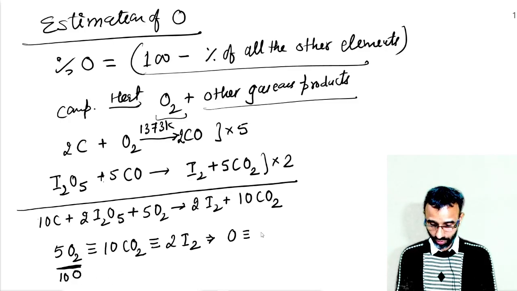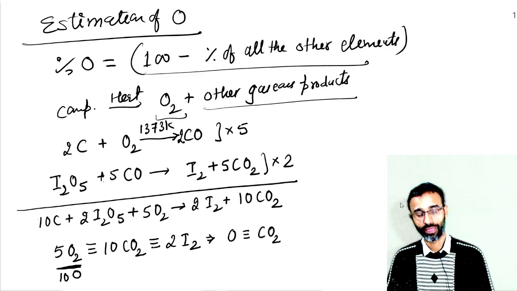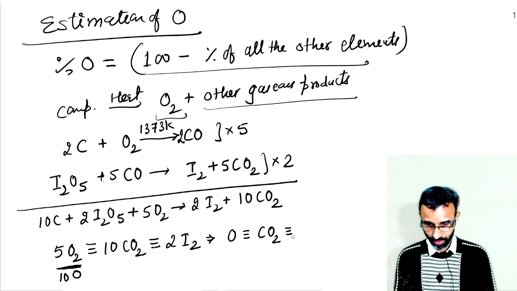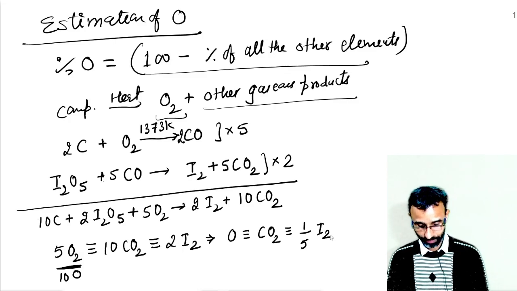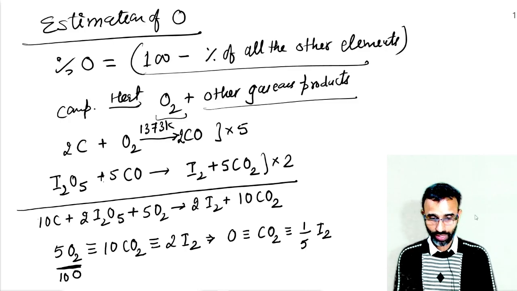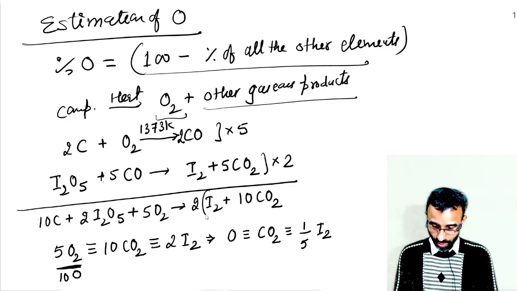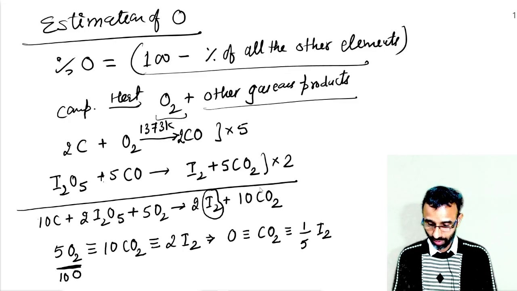So one oxygen is equivalent to 1 CO2 and is equivalent to 1 by 5 I2. 2 by 10 I2 means 1 by 5 I2. So either if we know the mass of iodine liberated or mass of CO2 formed, we can calculate the percentage of oxygen.